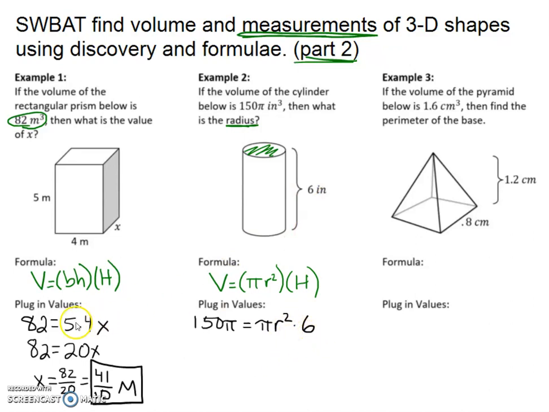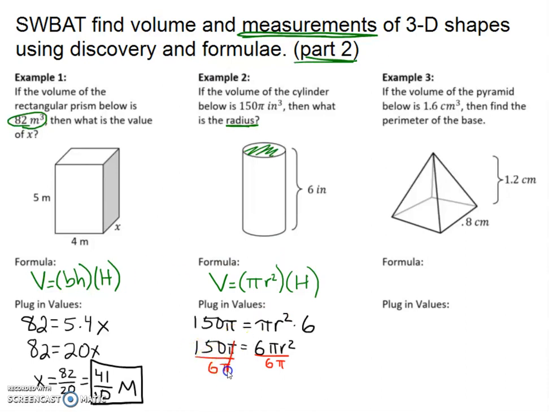My second step, similar to the first example, is to simplify this and rearrange it. So really there's not much to do here. I'm just going to put the 6 out front. So I've got 150 pi is equal to 6 pi r squared. And then there's actually going to be 2 steps left in this case. I'm going to divide by 6 pi to get r squared by itself.